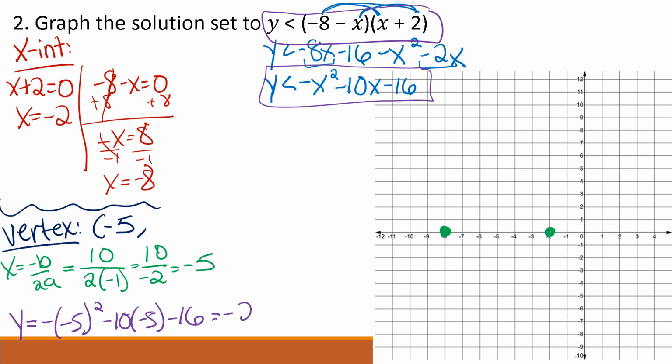So that'd be -25 plus 50 minus 16. So 9. So our vertex is at -5, 9. So we'll go -5 up to 9.